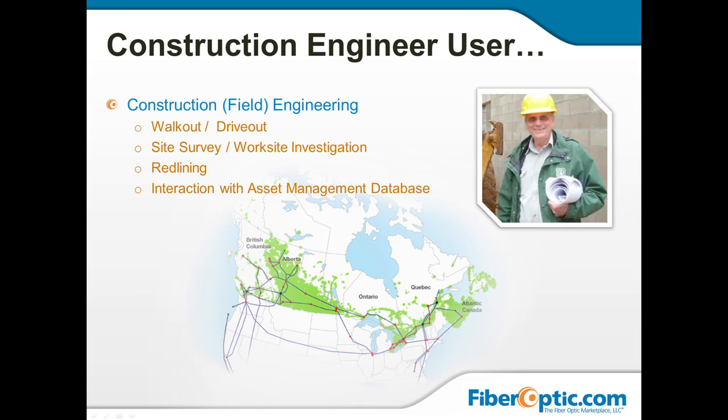Redlining, we're going to talk about this on a couple of slides, but the idea that we can draw in temporary lines and start planning drop routes and that sort of thing is something that most of these asset management packages can handle. And we talked about this on the last slide as well, but the interaction of AutoCAD Maps 3D and similar products will allow us to live update.